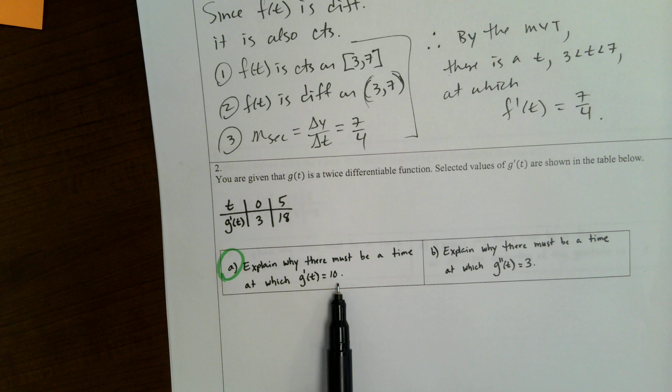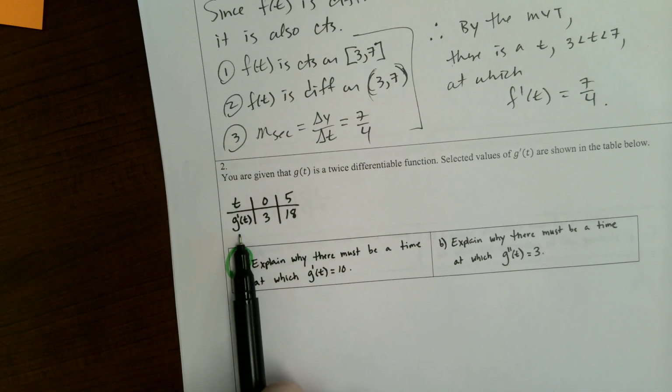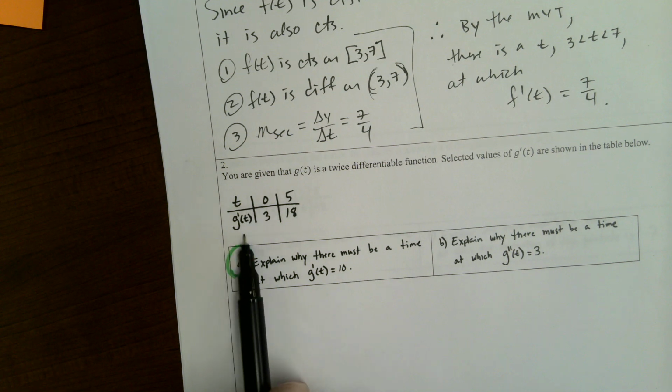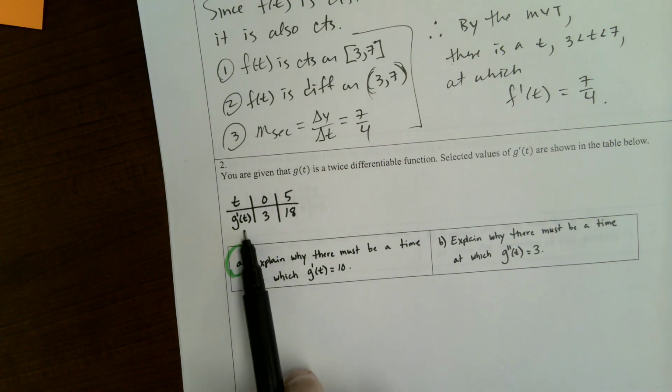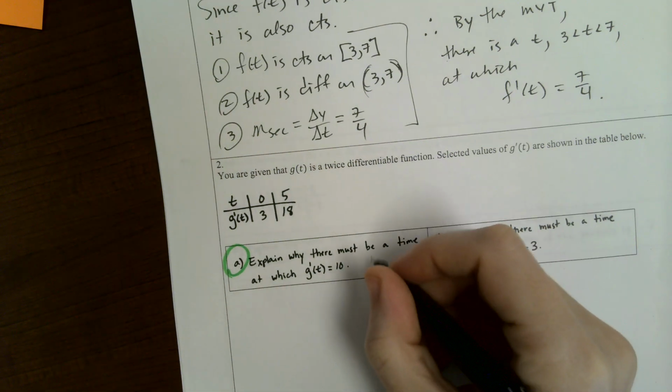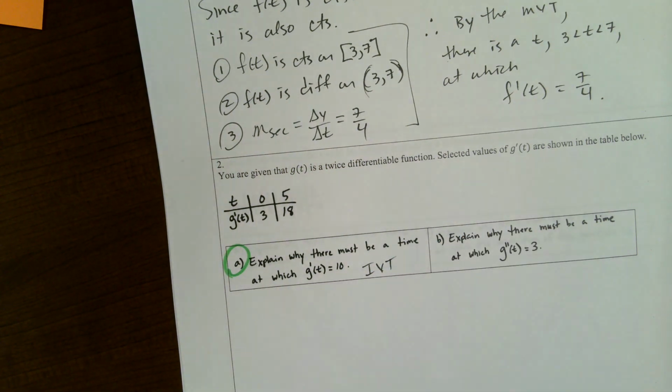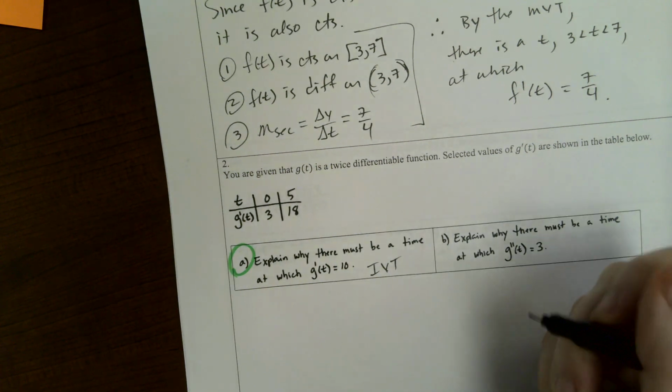All right, guys, so this is how you can tell IVT or MVT. You look at the table you're given, g prime. Are you asked to explain something about g prime or g double prime? G prime. So if this thing that you're explaining about is the same as what you started with, then that is the IVT. Okay, so we're going to use IVT.